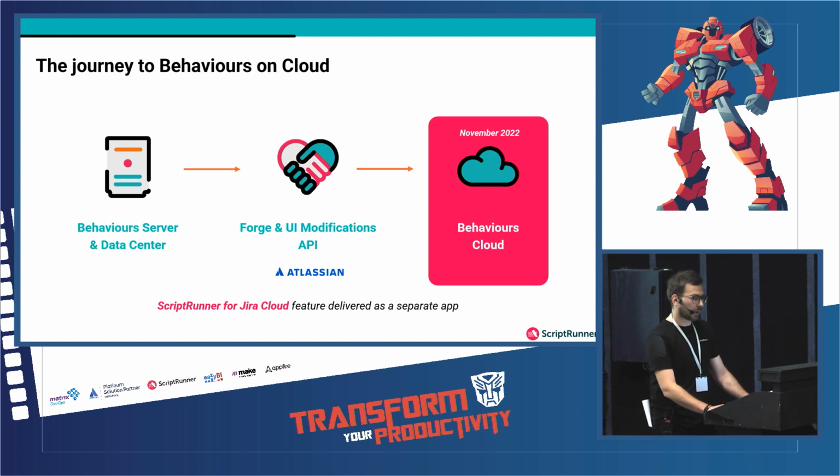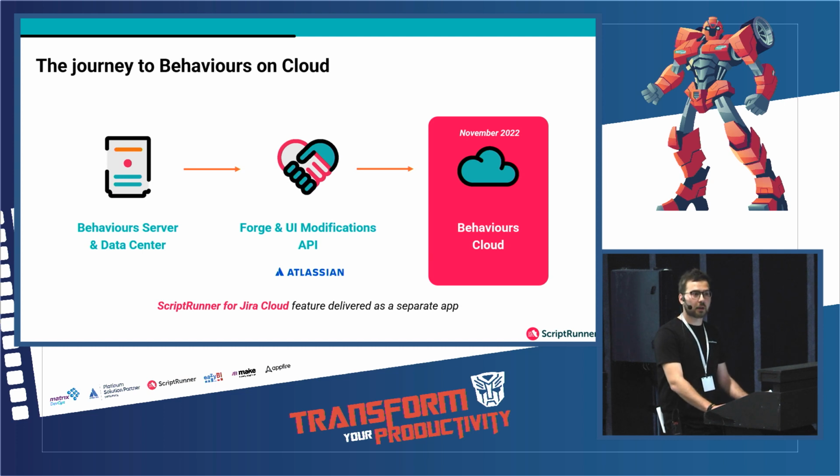And this feature was also built on Forge, the new development platform for cloud, which means that it's a separate app that can only work in relation to the ScriptRunner main app, so on a Jira instance that has ScriptRunner installed. Those of you that have used the ScriptRunner app, you can install behaviors from the Atlassian marketplace, or you can install it directly from the ScriptRunner app in the Behaviors tab in the menu.